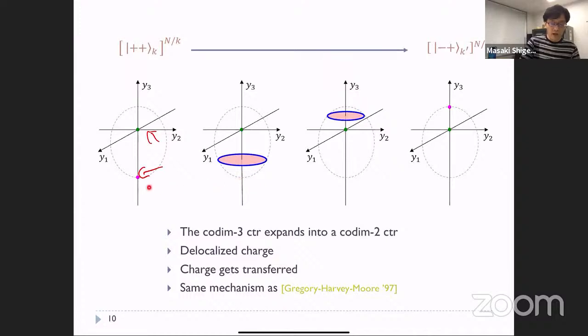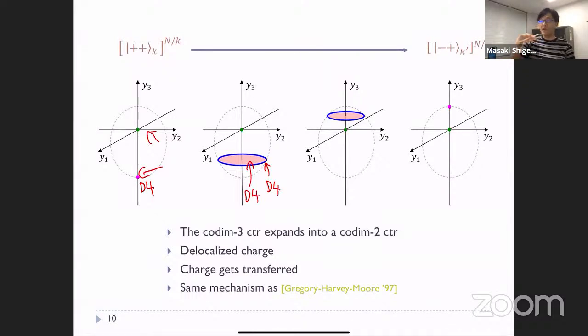And not just that. You have some D4 brane charge here, and this D4 brane actually splits into two pieces. Some D4 brane is sitting here, so it's localized, on this blue curve, but the rest of the D4 brane charge is distributed over this disk, which I can call delocalized charge. This is because the harmonic functions in this solution become monodromic.